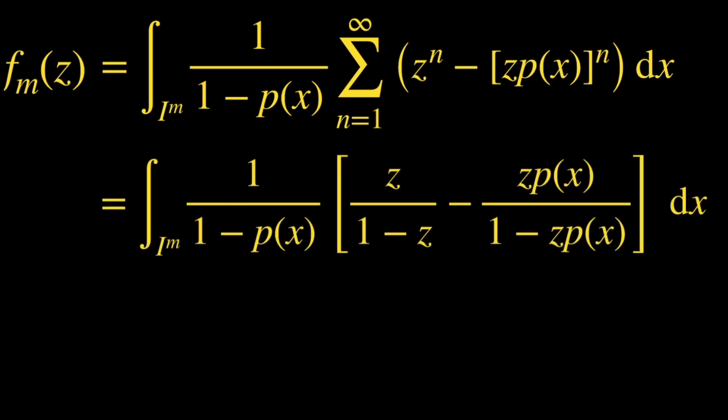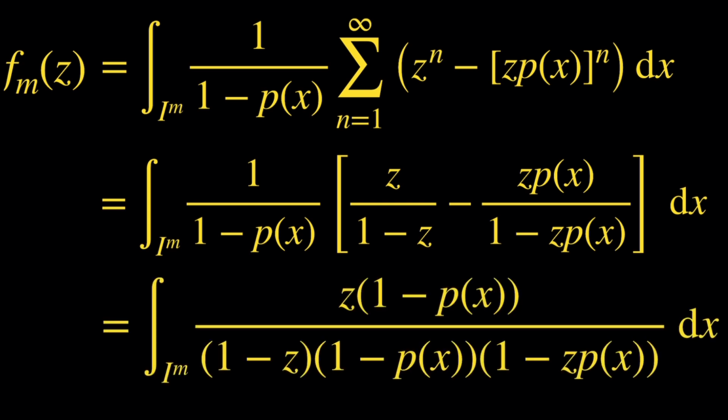After simplifying, we get z over 1 minus z minus p of x over 1 minus z times p of x. Now we want to combine these two fractions, and we obtain z times (1 minus p of x) divided by (1 minus z) times (1 minus p of x) times (1 minus z times p of x).